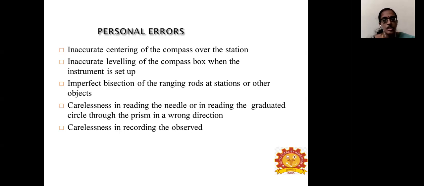Imperfect bisection of the ranging rod at the station or other objects is another. The fourth reason may be carelessness in reading the needle and the graduated circle through the prism, which may be directed towards the wrong direction, and carelessness in recording the observations.